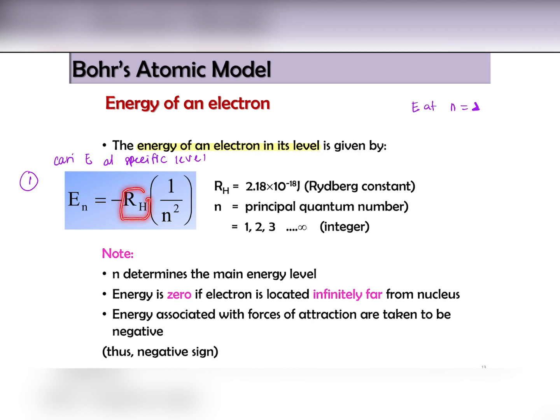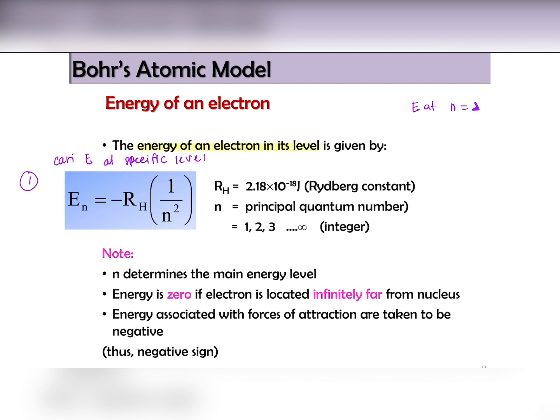RH ni pula adalah Rydberg constant, and ini kamu boleh dapat daripada list of constant. So the value is 2.18 exponent negative 18 joule, and since kita nak cari energy, make sure you use unit joule.